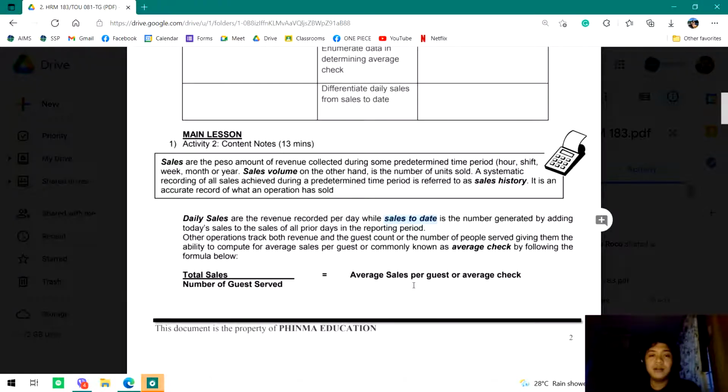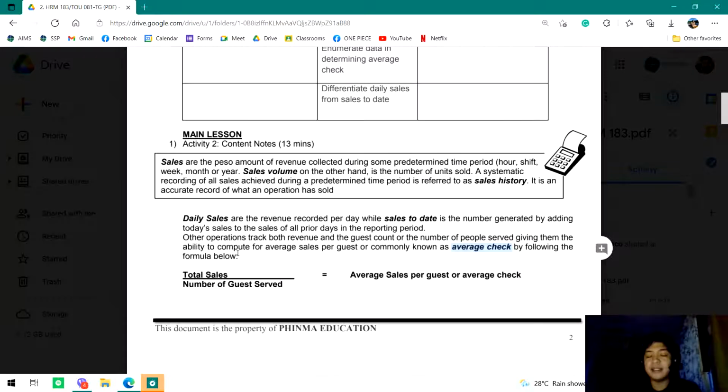Now, we are going to determine average check or what we refer to in the industry as AC. Pag nakikita ninyo sa mga reports yung AC, it means it's average check. And average check po, ito yung average amount na ginagastos ng mga guest, per one guest. And how will you compute kung gaano kalaki yung ginagastos ng mga guest mo?